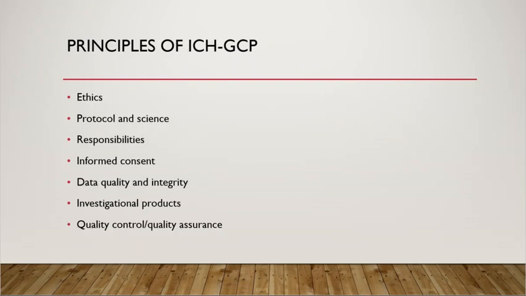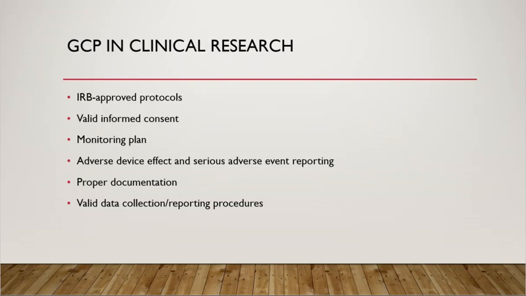So let's talk about some principles of GCPs. They embody ethics, protocol and science, responsibilities, informed consent, and I'll let you read the remainder of these principles just to get a grasp and a feel for how wide and thorough these principles are. GCP is used in clinical research.